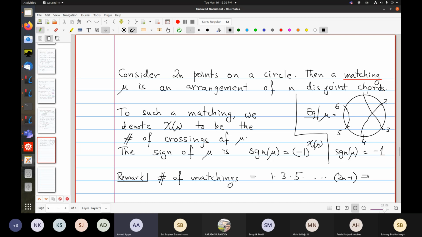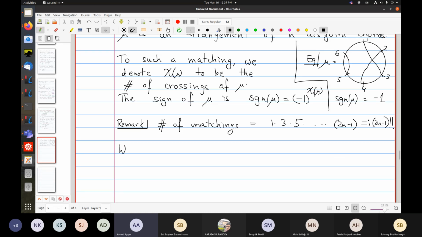And this is denoted (2n minus 1) double factorial, double because you're skipping. So how do you see this? Look at 1, it has to be matched to somebody. There are 2n minus 1 possibilities. So let's say it's matched to 3. Now there are 4 points remaining, and you continue by induction if you like. Now you take the smallest unmatched point in value, let's say 2 here, and see where to match it to, one of 2n minus 3 different points, and so on. You continue that way, and you get this.